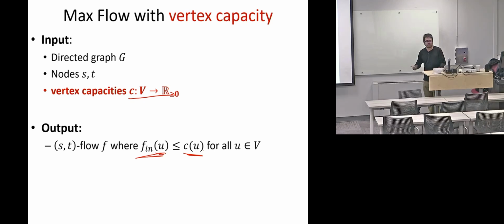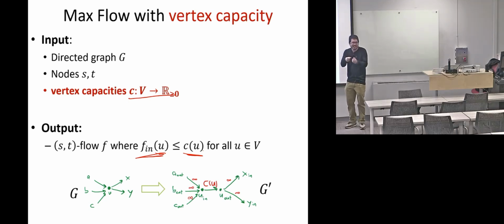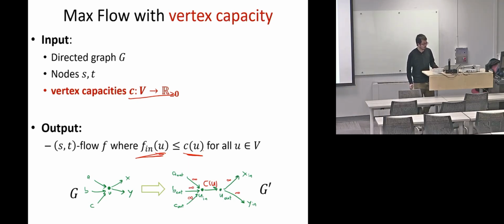Just do the same kind of reduction, split a node. But now the capacity here is the capacity of the node. And once you compute the flow in this graph, by contracting the node back, it will correspond to a flow that respects the vertex capacity.